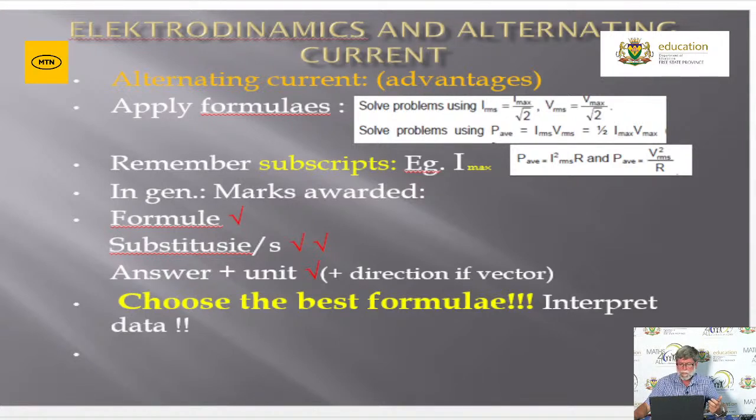Now, you have on your data sheet a lot of formulas for alternating current, and I've shown it here. We are not working with direct current. So the subscripts, please, it is on your data sheet. So remember to include the subscripts. You will lose a mark if you omit the subscripts.